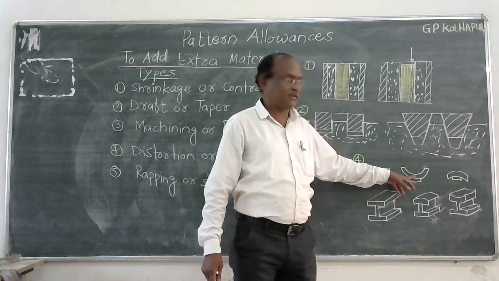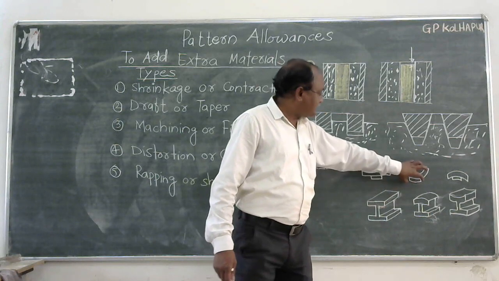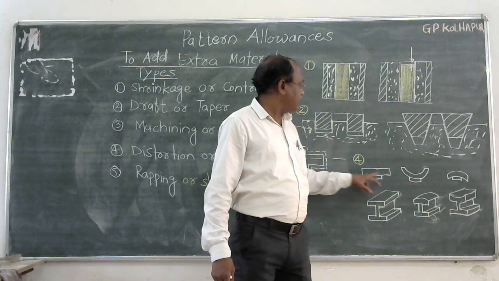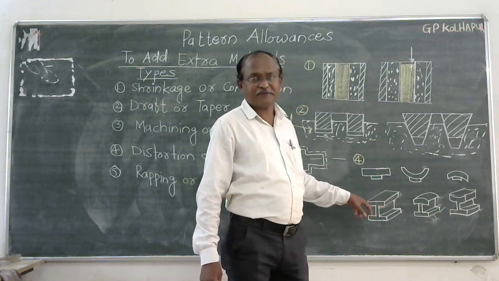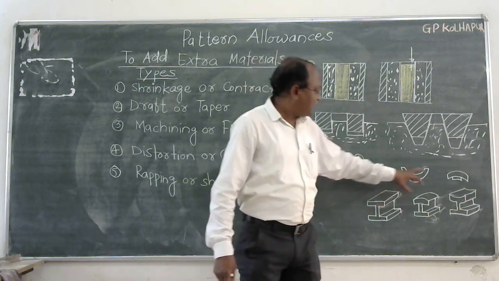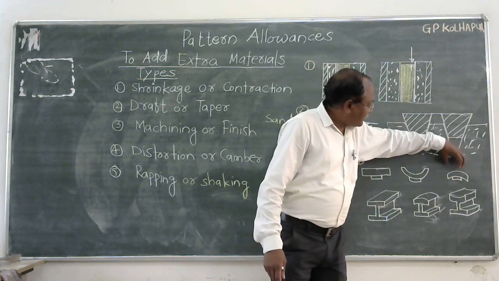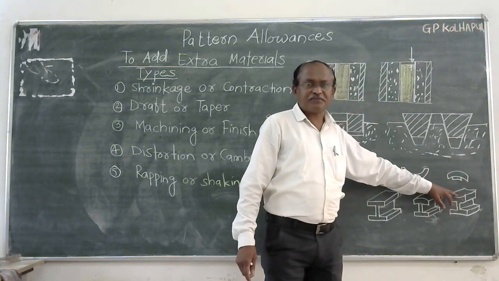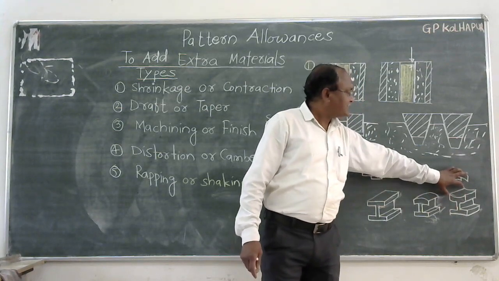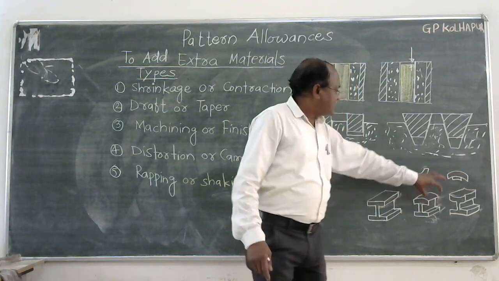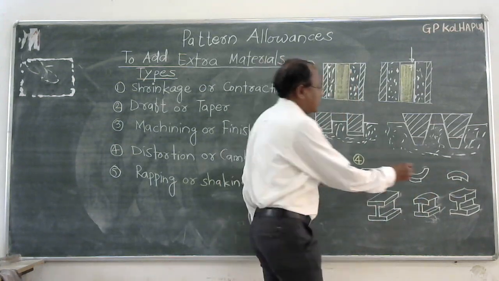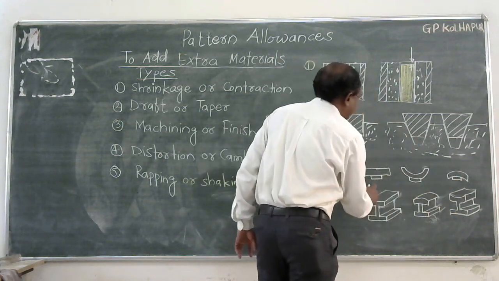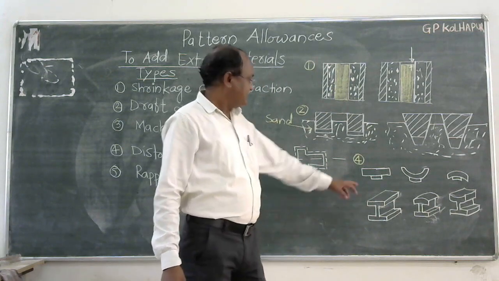To overcome this, you prepare such a pattern first, and if you are pouring molten metal and getting such a shape, then you must give the molding cavity such a shape so that I can get this particular shape.